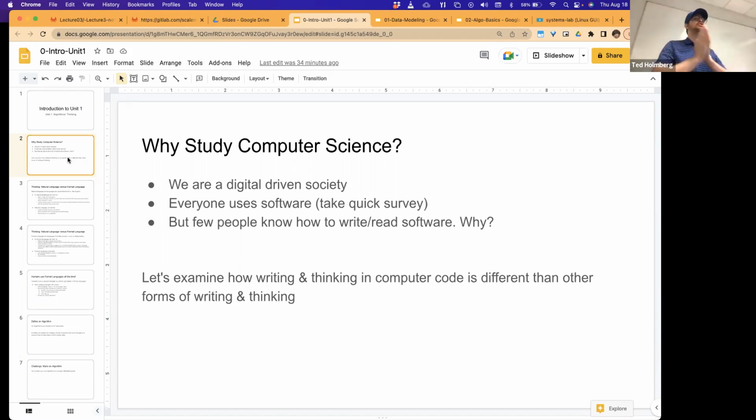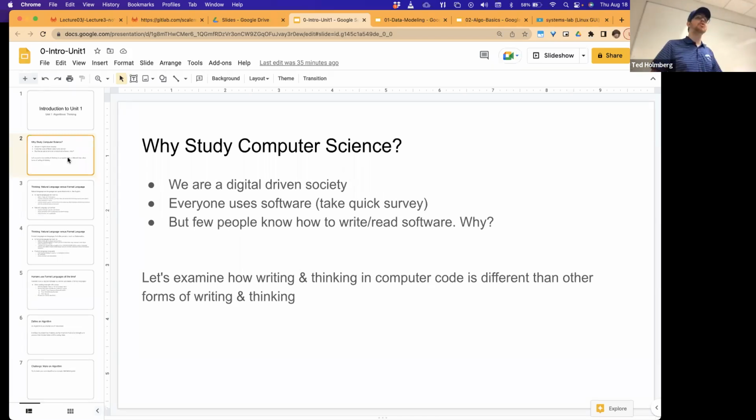You see something that is so fundamentally important to how we all live and work now, and then the next question is, how many people know how to make software in our society? I did a survey of that not too long ago, in the last lecture. I asked how many people here know how to make software, and I want to say it was about a third of the class. That's really good.